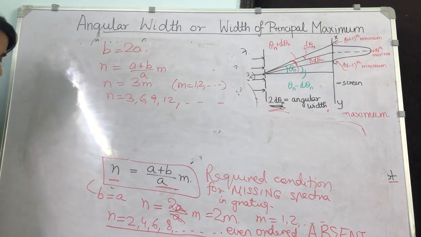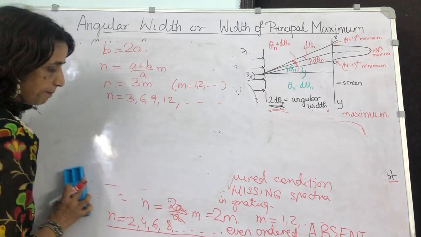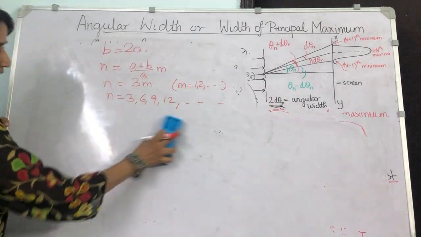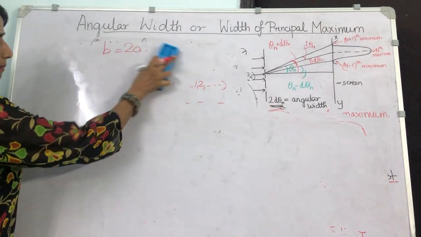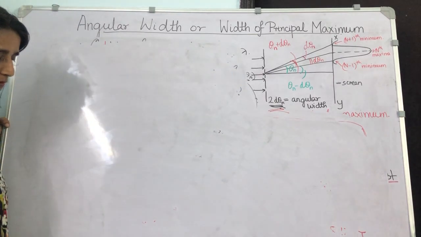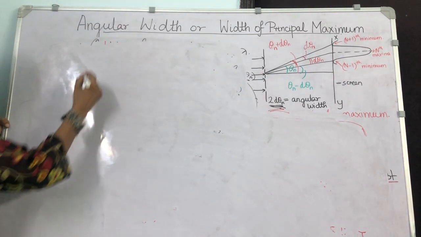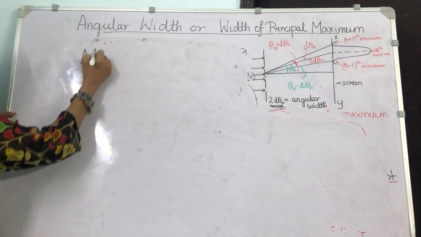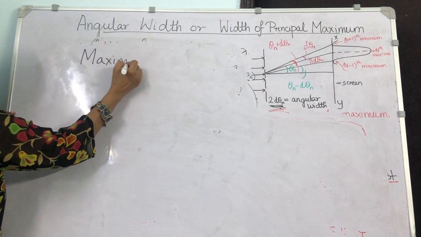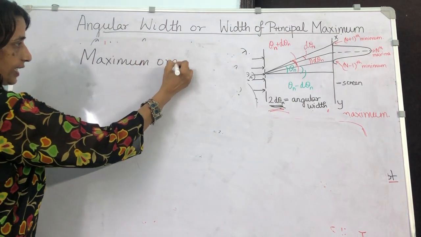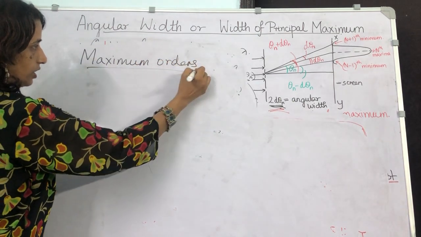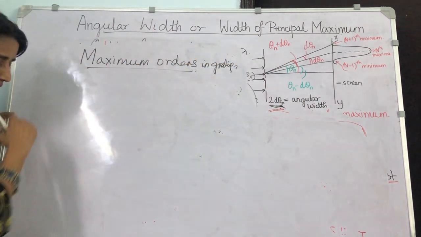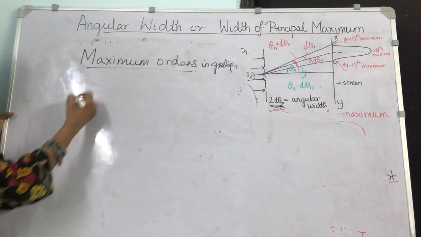Now, the next question which is asked a lot is, how many spectra can one grating form? The question asked is the maximum number of spectra or orders which we can have with one grating. Maximum orders a grating can have. This question is asked a lot. It is very simple.